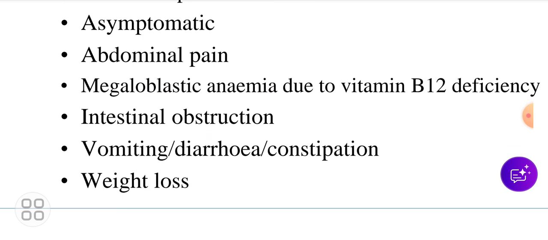Also, there will be disturbance of the bowel habit, so the patient may experience vomiting, diarrhea, constipation, alternating such disturbance in the bowel habit. And also, the patient will be deprived of nutrients, and especially if the patient is already malnourished by other reasons, this will aggravate the condition, leading to weight loss.